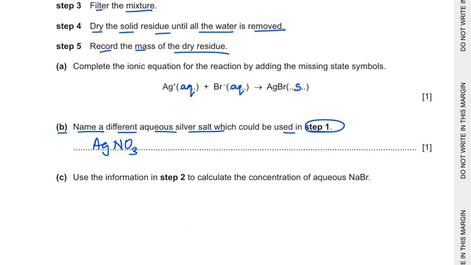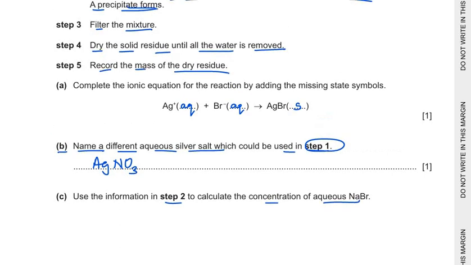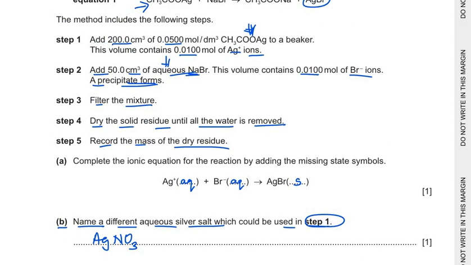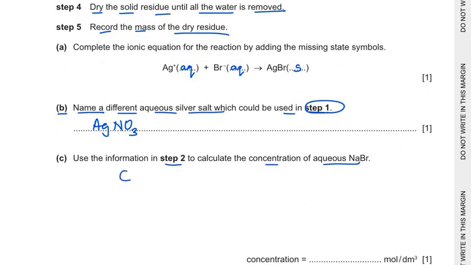Okay, use the information in step 2 to calculate the concentration of aqueous NaBr. Now step 2 information is that 50 cm³ of NaBr is used and this volume contains 0.01 moles of bromide ions. If we know the moles and the volume, we can calculate the concentration, because concentration is equal to moles upon volume.